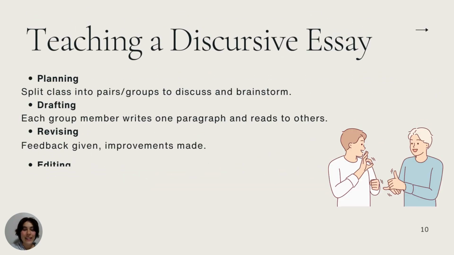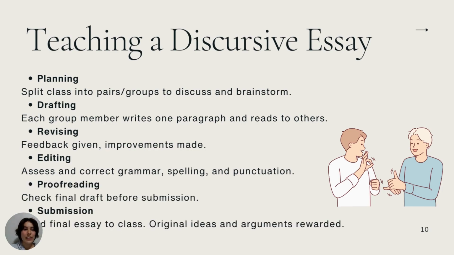So, when teaching a discursive essay, and we take a look at each of these steps from the process writing techniques, we have planning, where you can split your class into pairs or groups where they can discuss and brainstorm this idea. They can have little debates. When they draft, each group member might write one paragraph that's discussing a specific aspect of what they've planned together.